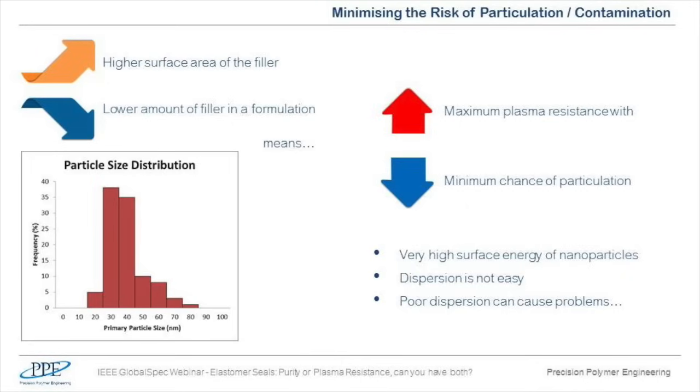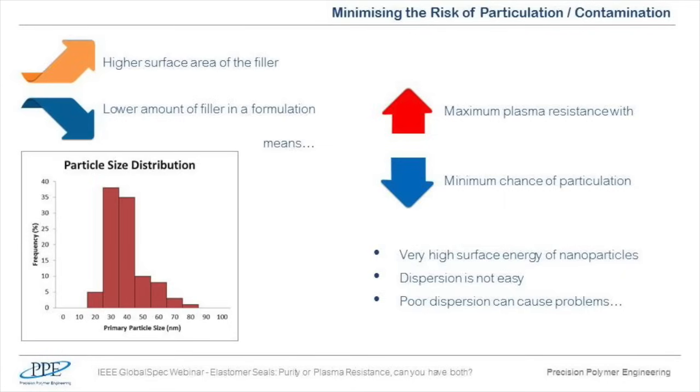It sounds very easy. By using smaller particle sizes, we get better and better plasma resistance. So we can use very small particle size and have the best plasma resistance. But that's not that simple, unfortunately. As the particle size gets smaller, the processing of these fillers and dispersion in the polymer matrix becomes extremely difficult.